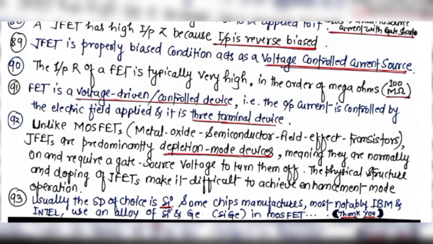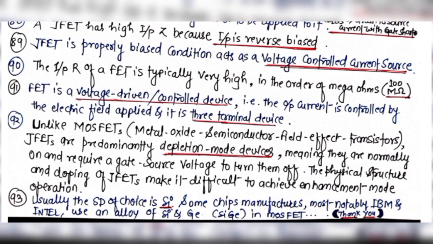JFETs are predominantly depletion mode devices, meaning they are normally on and require a gate-source voltage to turn them off. The physical structure and doping of JFETs make it difficult to achieve enhancement mode operation.